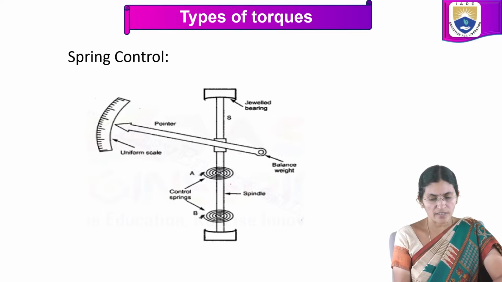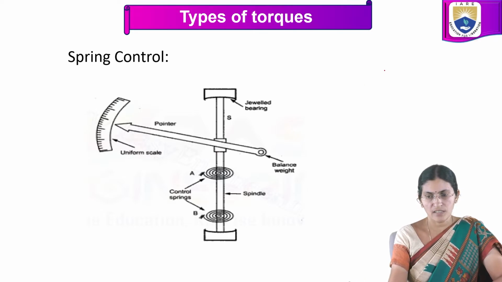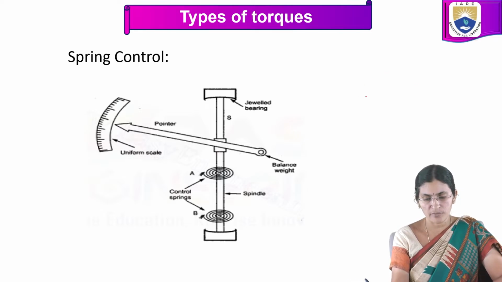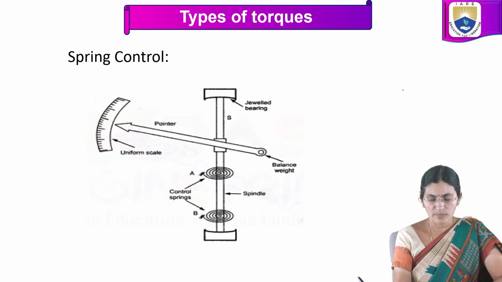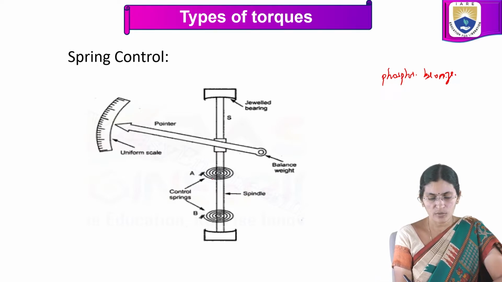When the pointer deflects under the influence of deflecting torque, these spiral springs, which are made up of phosphor bronze, are coiled in opposite directions to produce the required controlling torque. Since these are springs, they are affected by temperature.